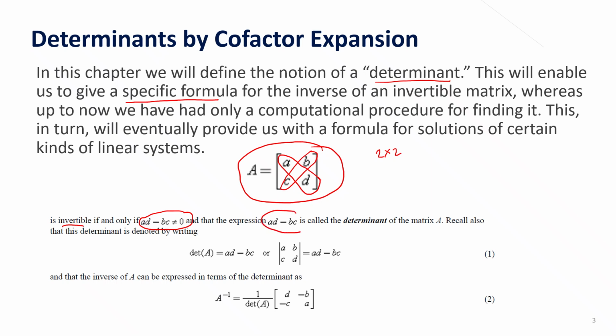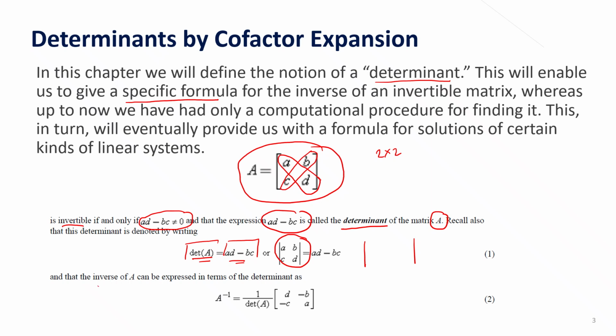And this expression is also known as the determinant of that particular matrix A. Recall that we can write it like this, or you can also write it with two long bars beside the entries of the matrix to represent that I want to calculate the determinant of this particular matrix.